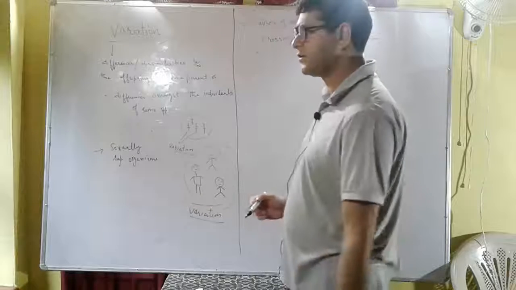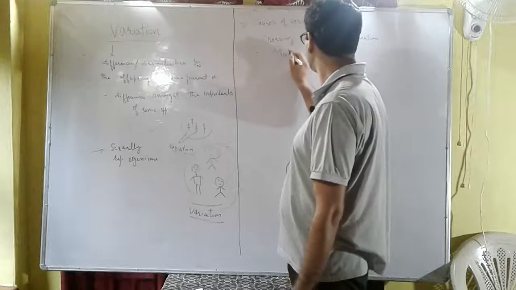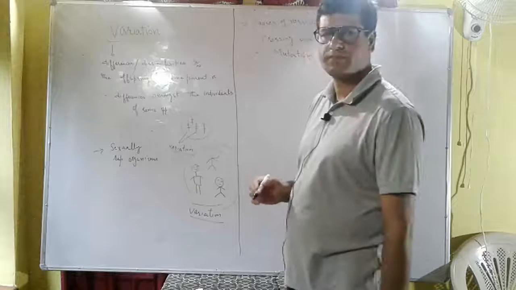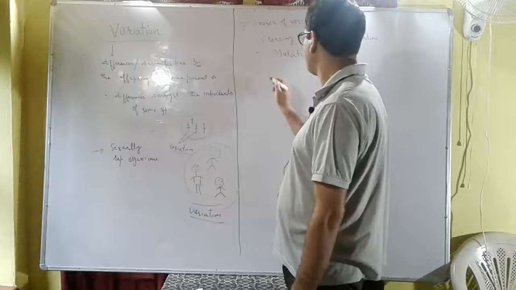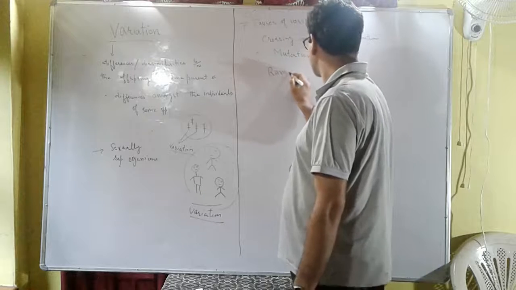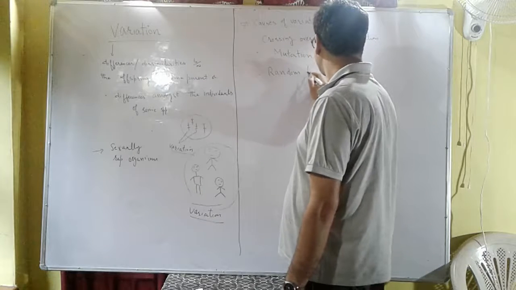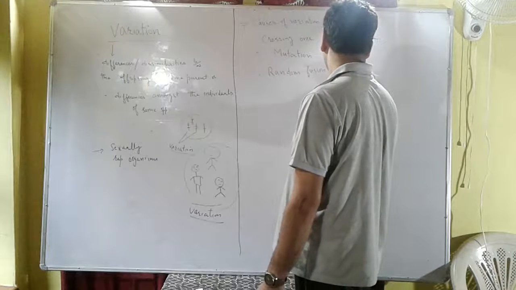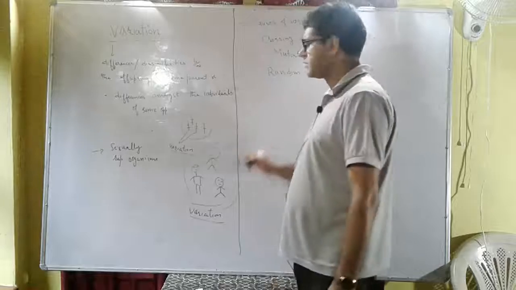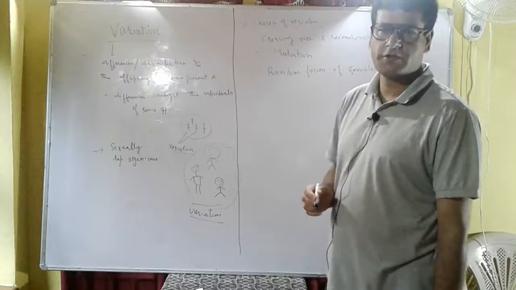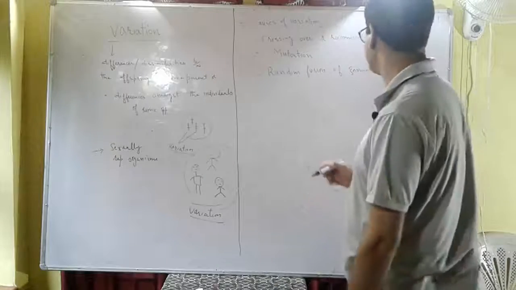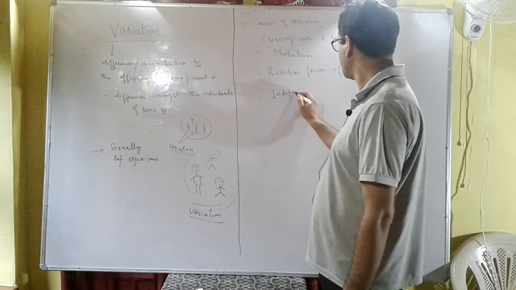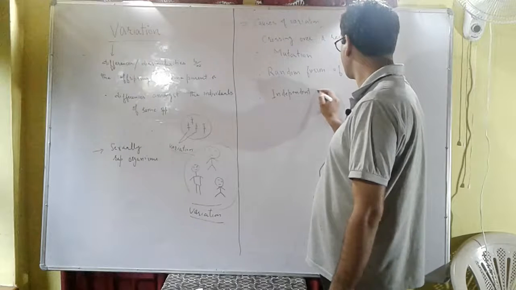Another reason for the genetic variation is mutation. Third one is random fusion of gametes. Then another reason for the genetic variation is independent assortment of genes.